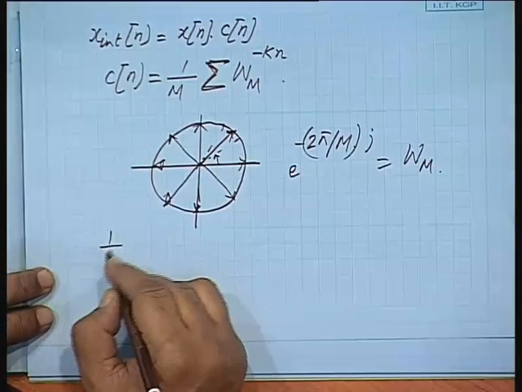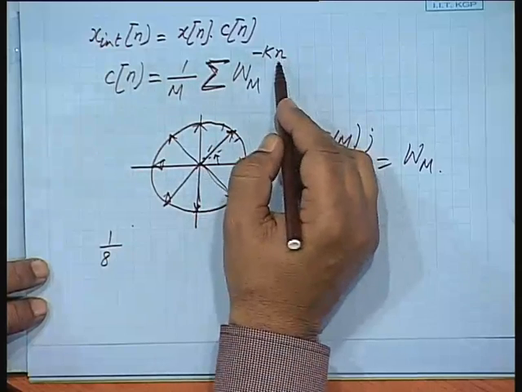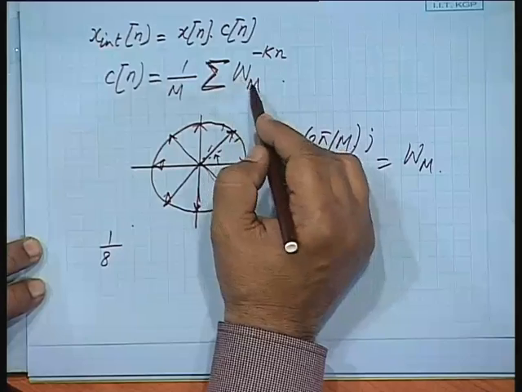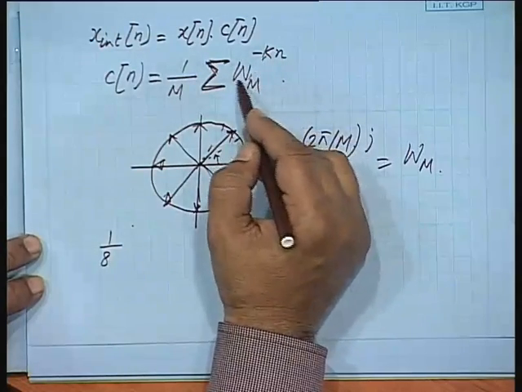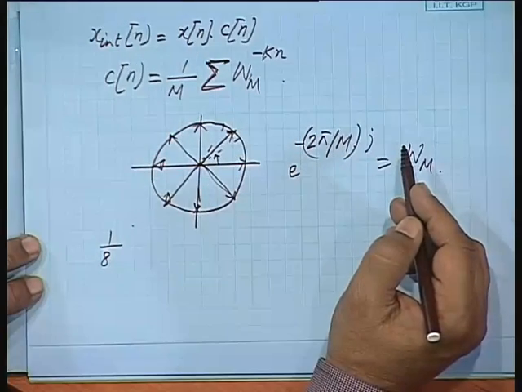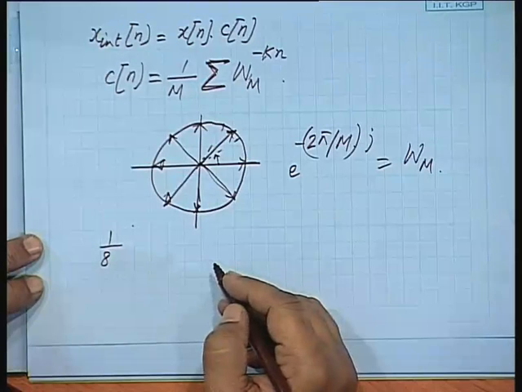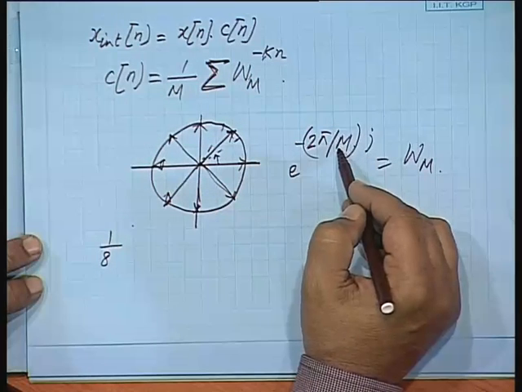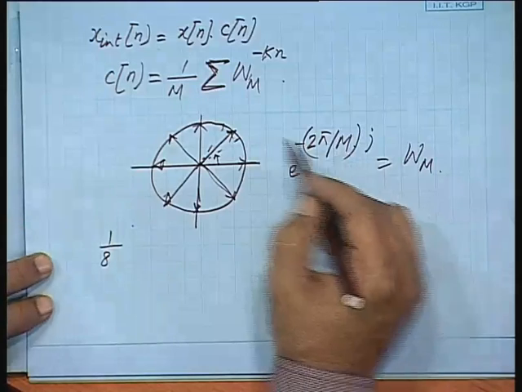Now, what is 1 by 8 sigma of all these Wms? You can take n is equal to 0, it will be 1, 1, 1, because anything to the power 0 is 1. So, there will be 8 ones divided by 8, so it will be 1. Then if you take n is equal to 1, this will be e to the power minus j 45 degrees, 2 pi by 8. I am taking m is equal to 8, say.